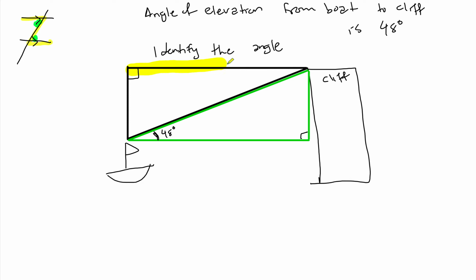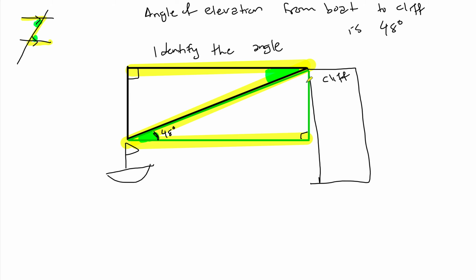So if I identify these two as my horizontal lines, then these two angles, so if this was my angle of elevation here, then this would also be my angle of elevation.